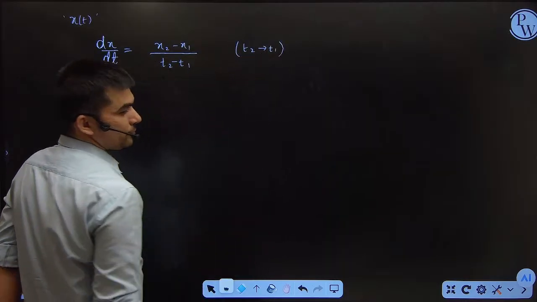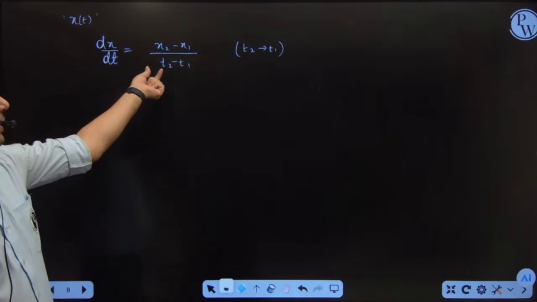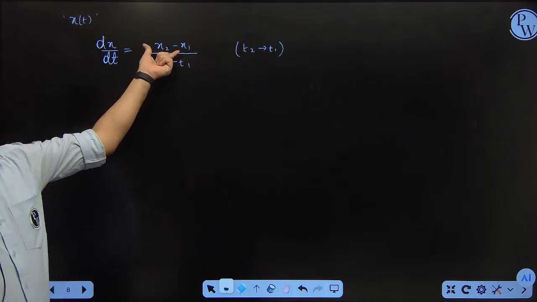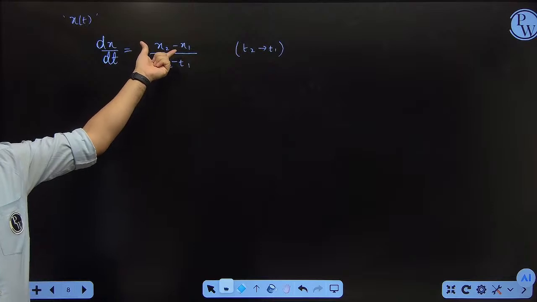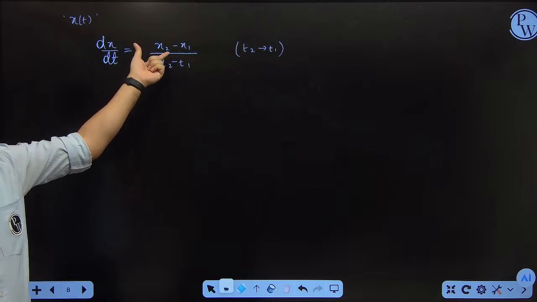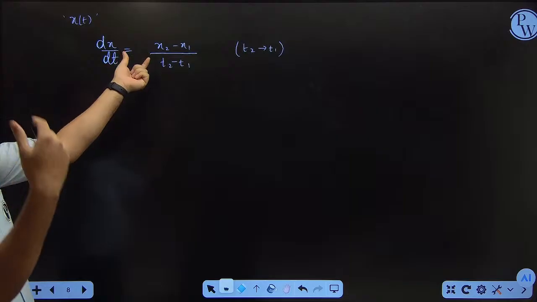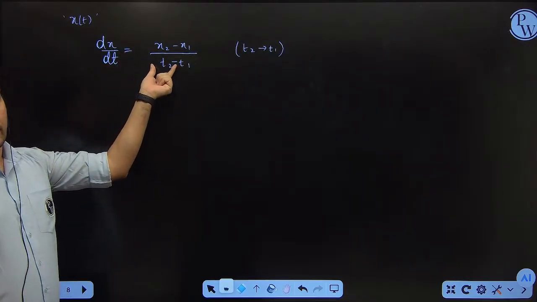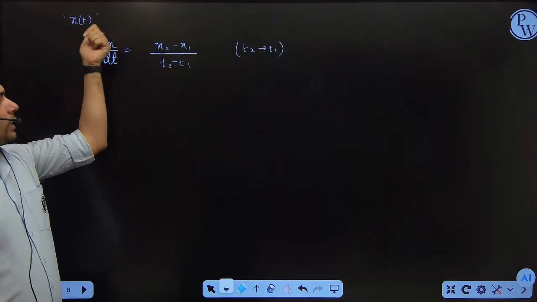Because the interval is very small, that's the reason why we had started with this logic only. We had started with this idea, delta x by delta t is x2 minus x1 by t2 minus t1. And then we took this term as tending towards 0. Because of that, we wrote it this way.